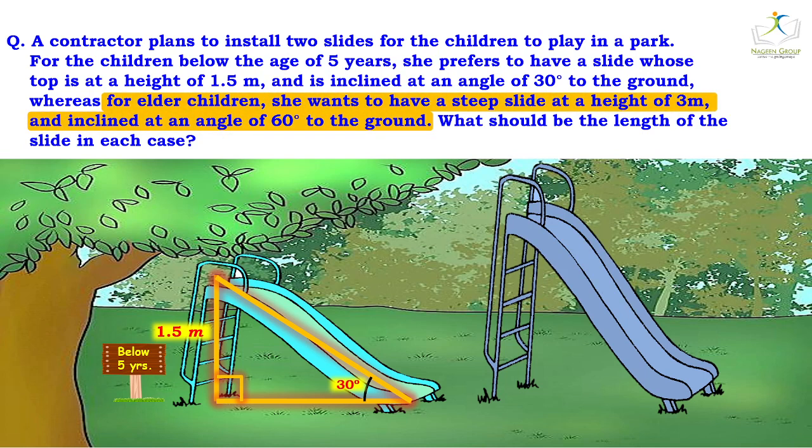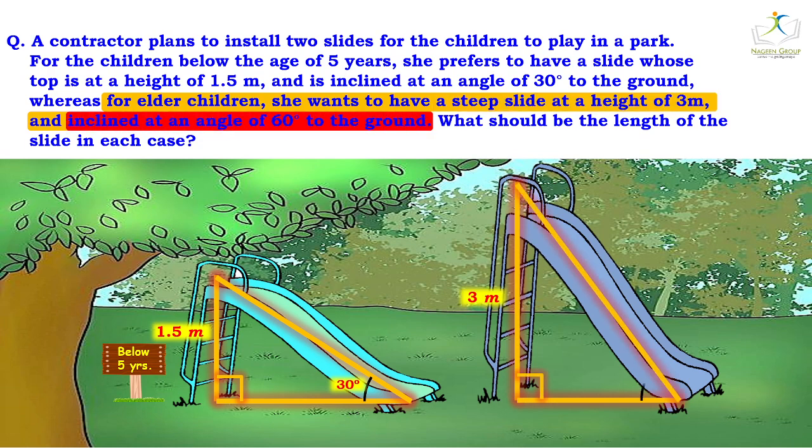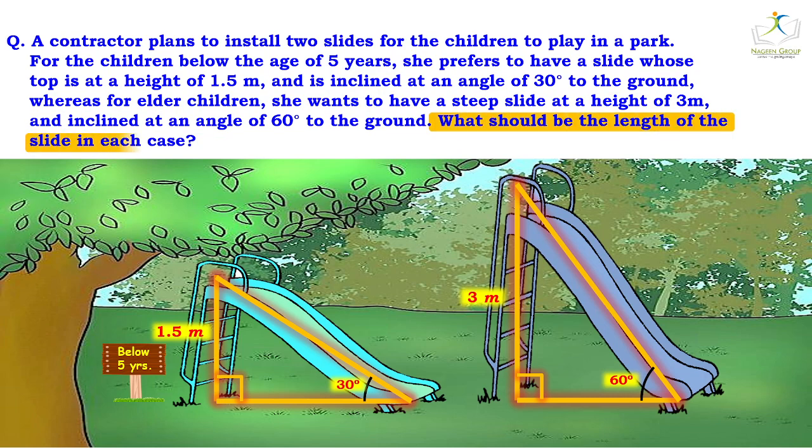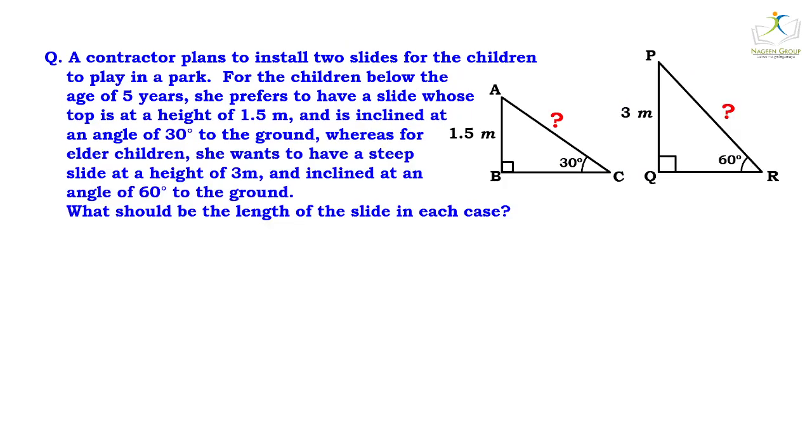Whereas for the elder children, she wants a steep slide at a height of 3 meter and inclined at an angle of 60 degree, right? So this angle is 60. One is 3 meter, one is 1.5, one is making an angle of 30 degree, another is of 60 degree. Now what should be the length of the slide? We need to find out the length of the slide.